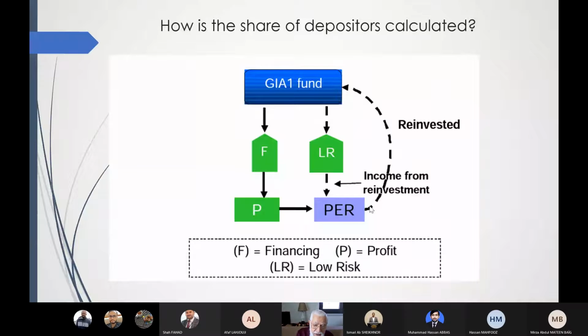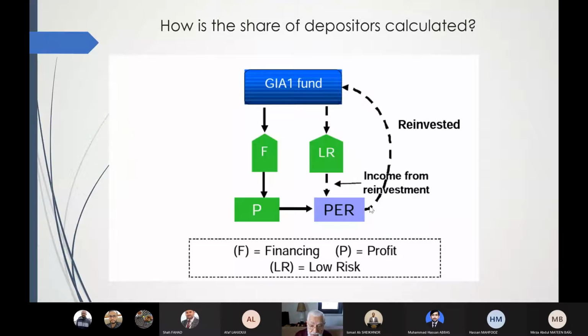So according to this diagram, the cumulative PER is invested in low risk, as in Pakistan, for instance, in these special Sharia compliant securities, assuming they are mostly issued by the central bank itself. So they are invested there, and the profit is rendered to them.